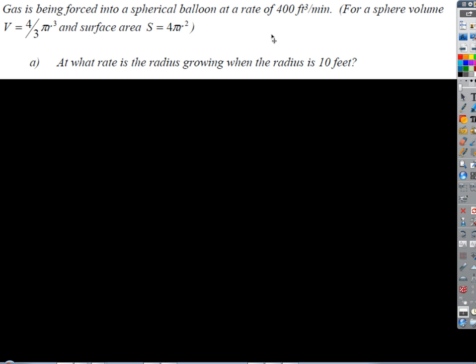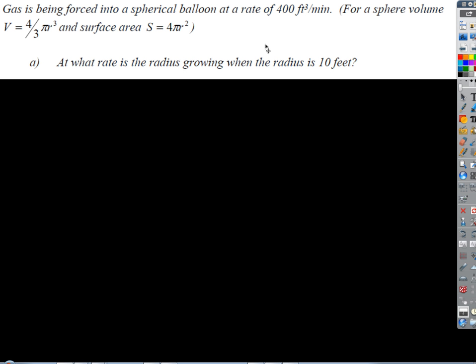That's d what, d what? What's our variable for radius? R. What's our variable for time? T. So therefore, what's the derivative going to be? dr dt. Does that make sense? Or if we want to, we could say r prime of t. Okay, so that's what we're looking for.